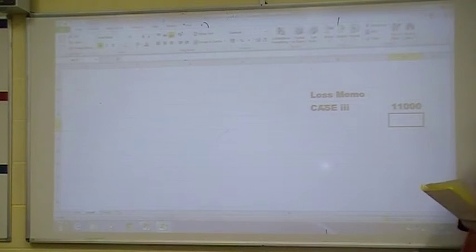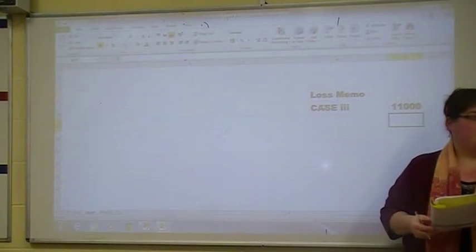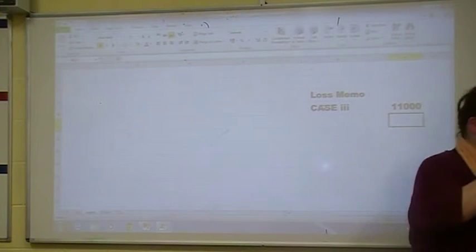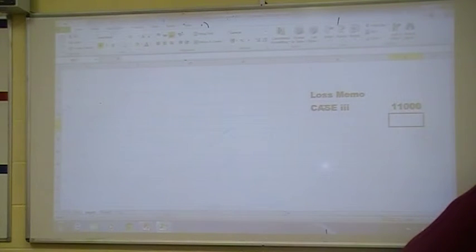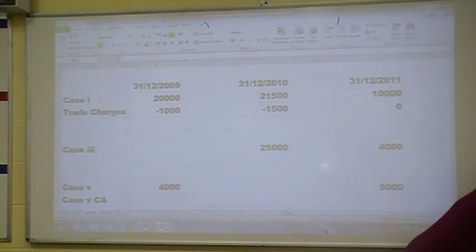And the thing with our case 3 loss, a case 3 loss can only be set against case 3 income. So we'll be taking our case 3 loss and allocating it across our 31st of December 10, 31st of December 11 and 31st of December 12. We're going to take the case 3 loss and put that in first, so case 3 against case 3.